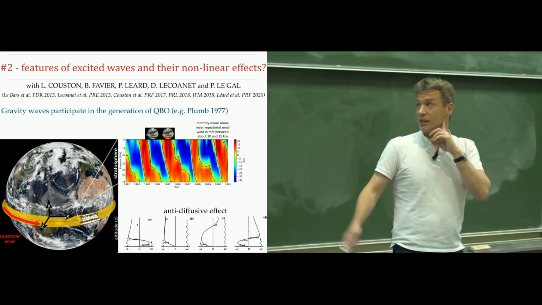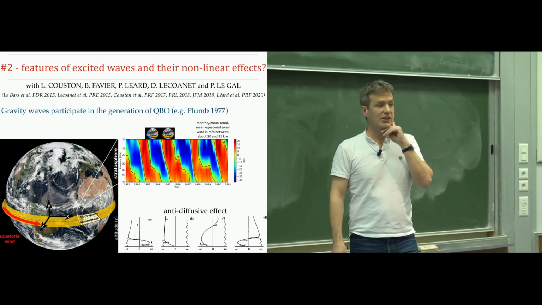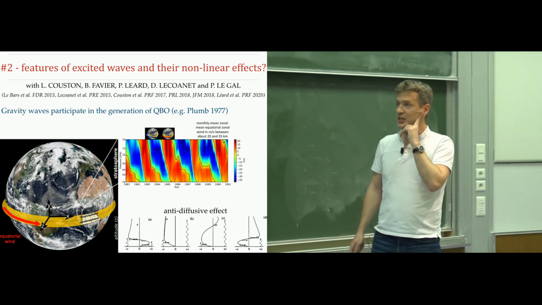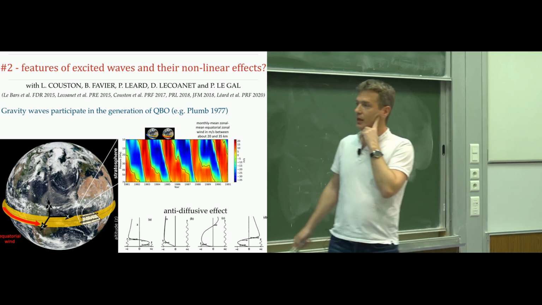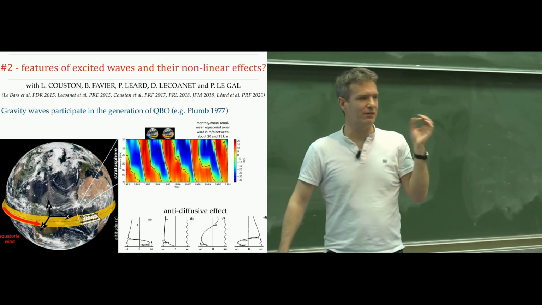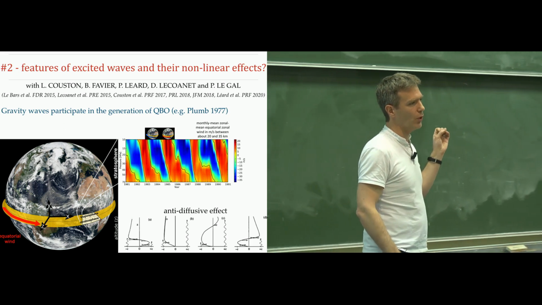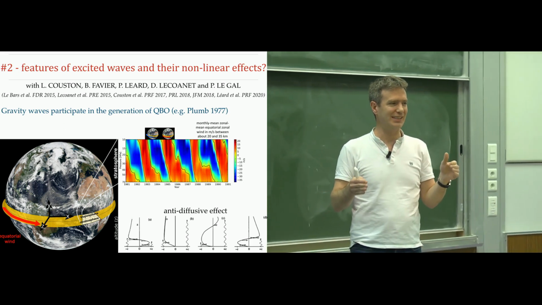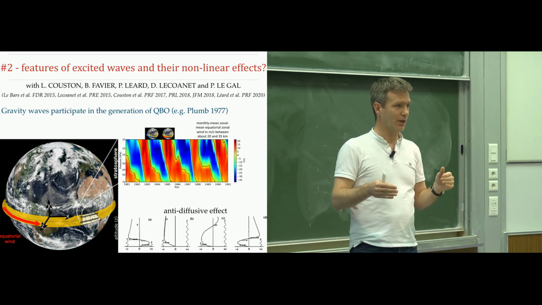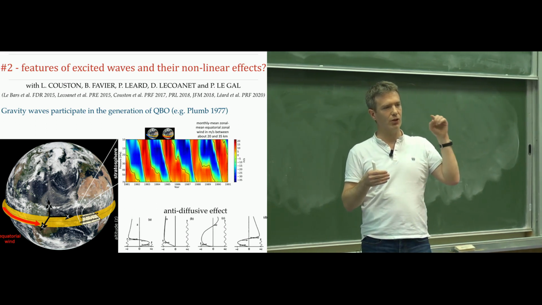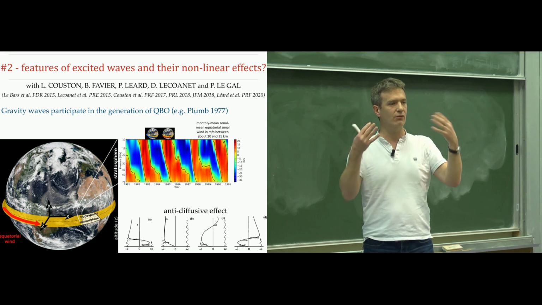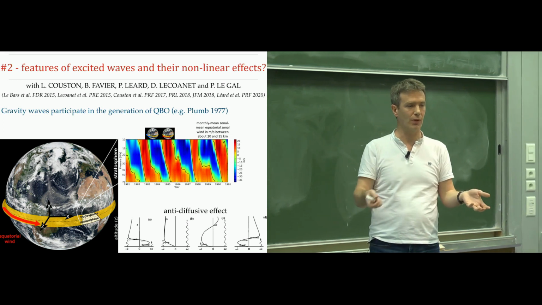So this long-term effect of the waves has been explained theoretically in the 70s. And it's due to a specific property of internal gravity waves, which are anti-diffusive. So it means that a wave will damp more strongly when it goes in the same direction as the mean flow, as the ambient mean flow.